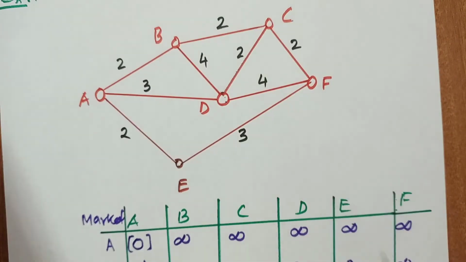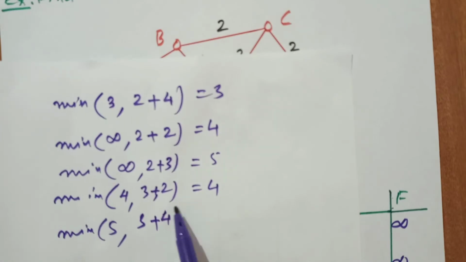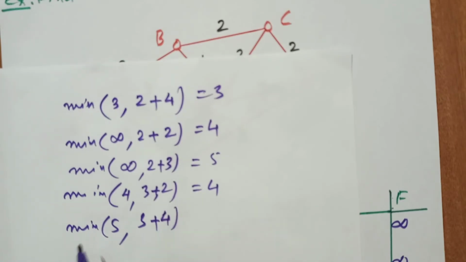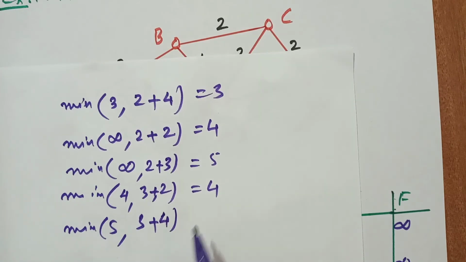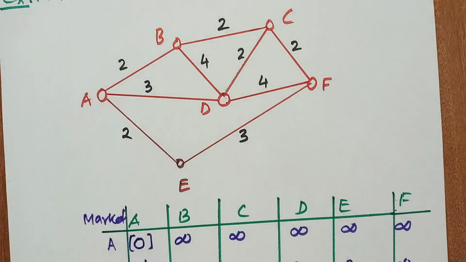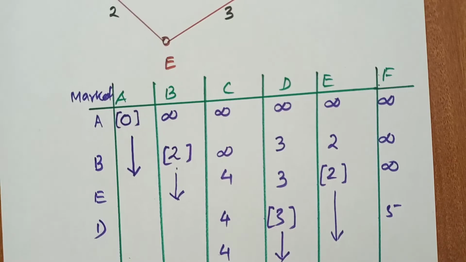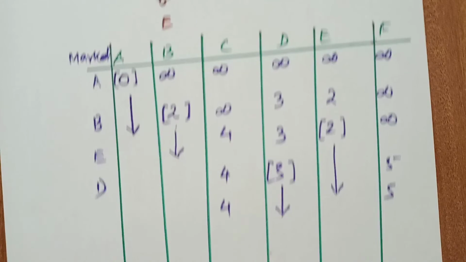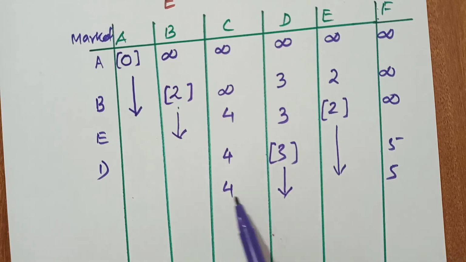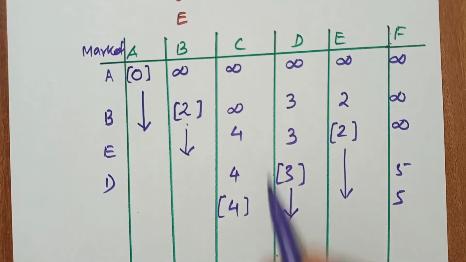D to F is 4. So 4 plus 3 is 7. The minimum of 5 and 7 is 5. So we will write 5 here. Now 4 and 5, what is the minimum? 4 is the minimum. And the vertex is C. So we will write C here.